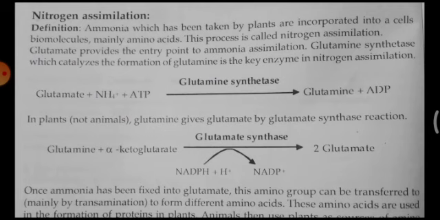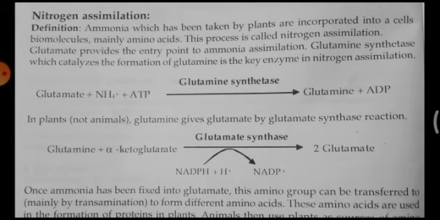So let us see the depiction. Glutamate plus ammonia combine with energy, and the energy is obtained from ATP, and this process takes place in the presence of glutamine synthetase. Hence ammonia combines with glutamate, you will get glutamine, and subsequently the ATP is converted to ADP.